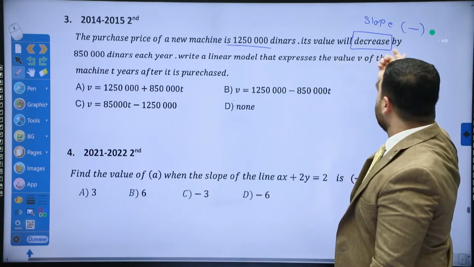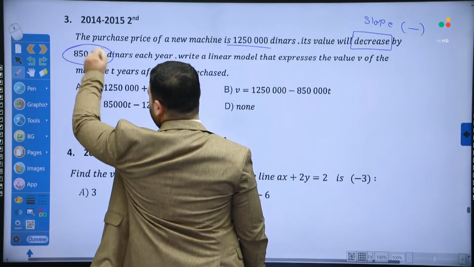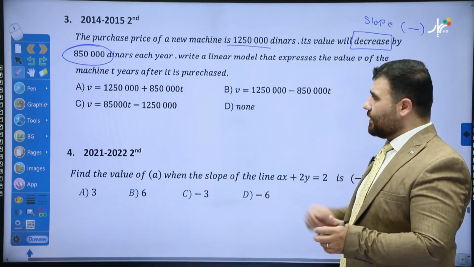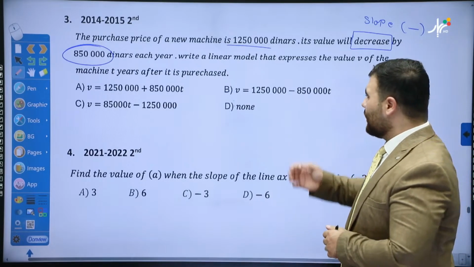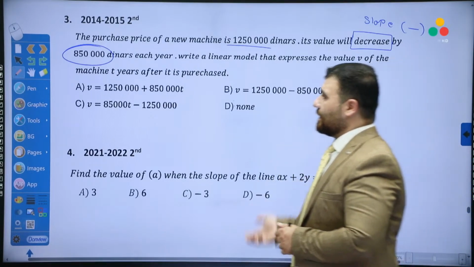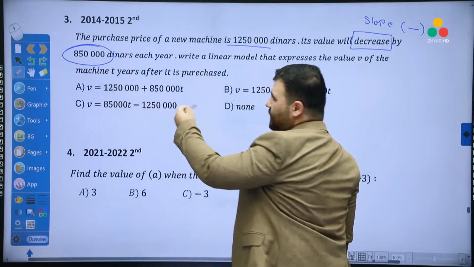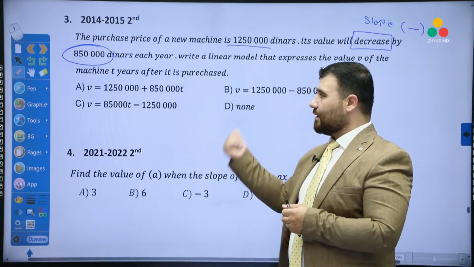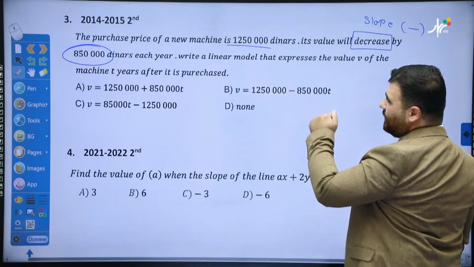Then decreases by 850,000 dinars each year. Then this 850,000 should be in front of x or the other independent variable like t. So this should be the coefficient of t. In this question, it's in terms of value and time, then t is the independent variable. 850,000 should be in front of t.